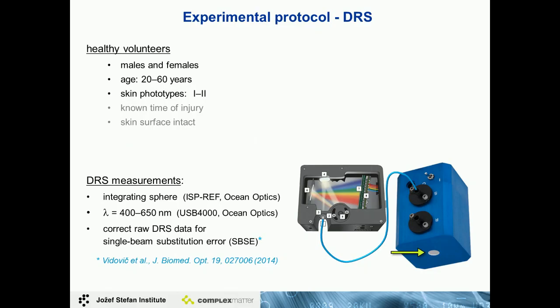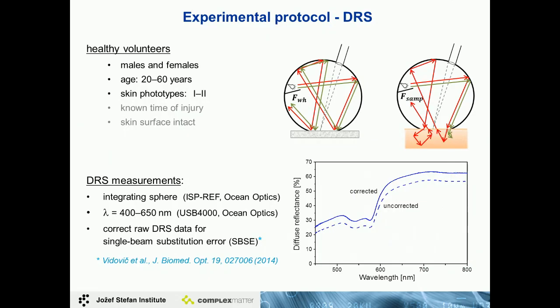to decouple those crosstalks. So as said before, DRS, by using a small integrating sphere, Ocean Optics, everybody has it pretty much. I just wanted to point out that when you're using these small integrating spheres, there's a not so well-known artifact in this community, which is called the single beam substitution error.